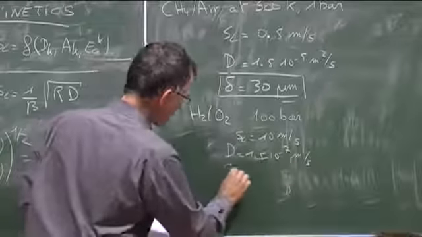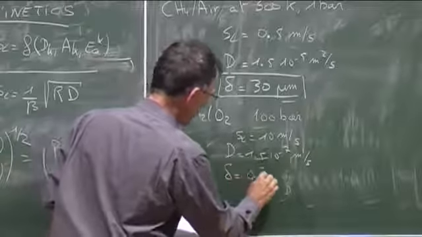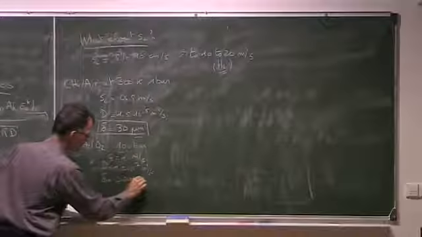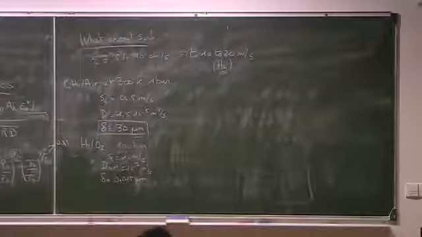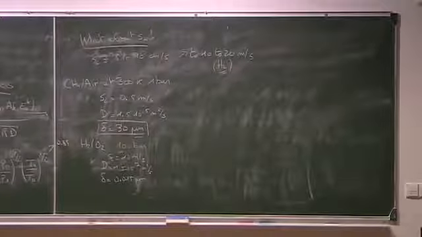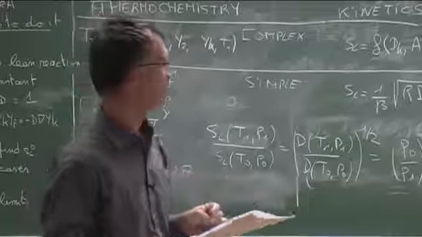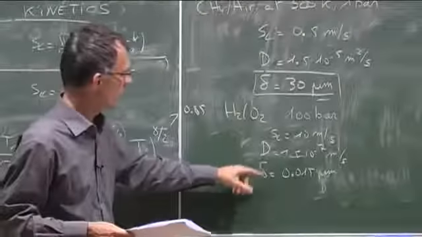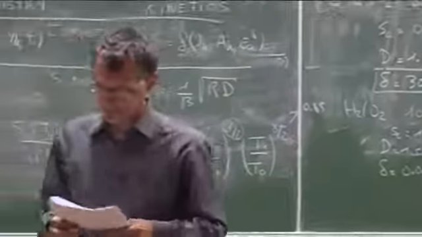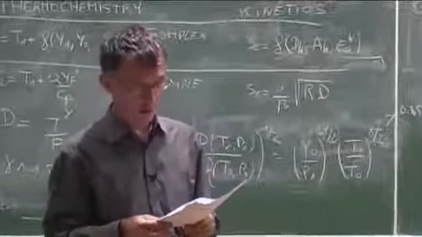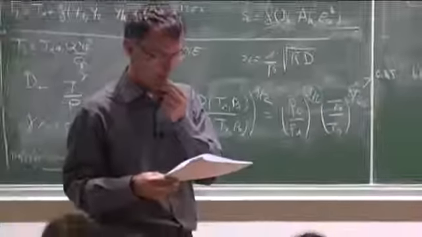So the flame thickness will be of the order of 0.05 micrometers. And that's really small, it's a real problem if you need to compute this thing. So if you're looking at a rocket engine, the flame thicknesses are like thin sheets, almost like shocks. And if you need to resolve that numerically, it's going to be a big problem.